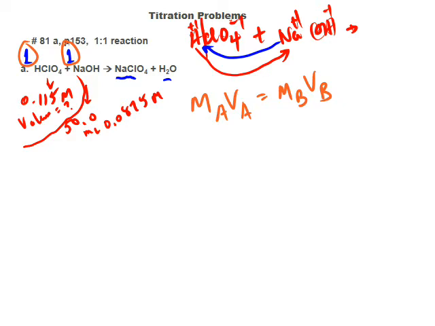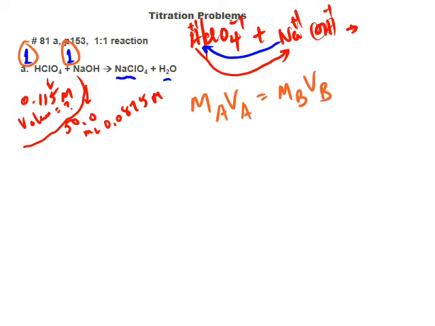If you multiply Ma, which is moles per liter, by volume in liters, you get moles of acid. Similarly, Mb times Vb gives moles of base. That basically says these moles are the same, and in this particular reaction, that is the case. So be careful before you use this expression. Make sure the number of moles of acid is equal to the number of moles of base. That is the case here, so we can use it.